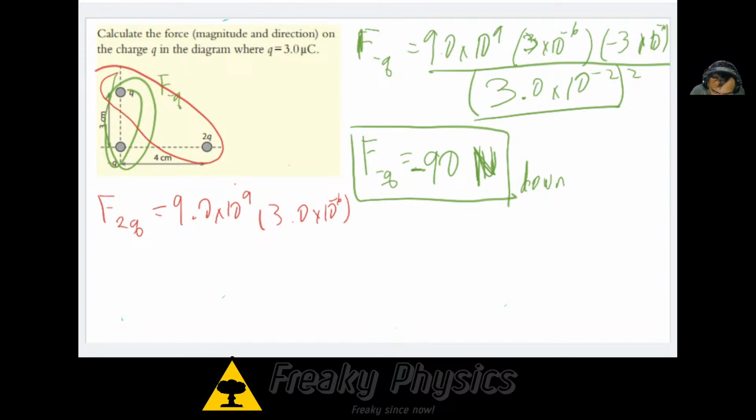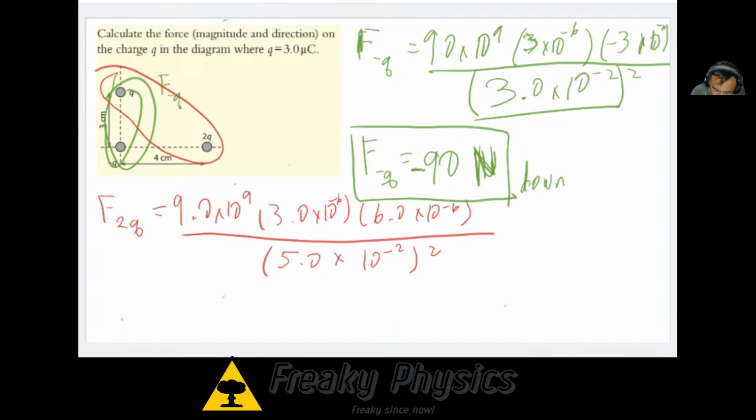Then this time the charge is 2Q, so that's going to be 6.0 times 10 to the minus 6. The distance now is 5.0 times 10 to the minus 2, squared. Putting that in the calculator again, this is going to be equal to 25 times 10 to the minus 4.